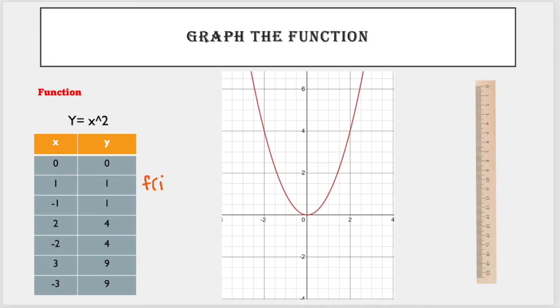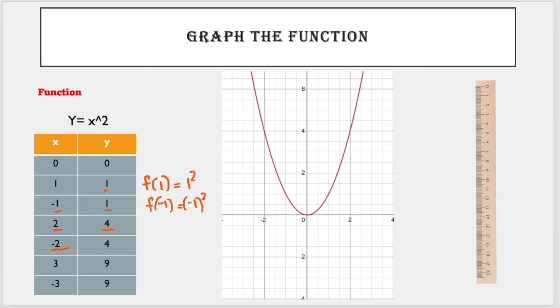That is f of 1 would be 1 squared, which is 1. If you input negative 1 to your function, y equals x squared, you get negative 1 squared, which is also 1. If you input 2, you get 2 squared, that is 4.